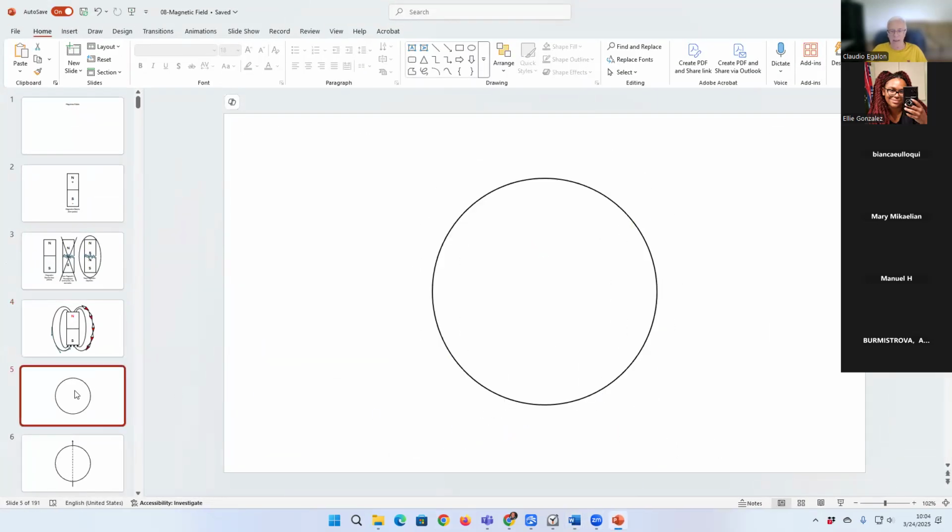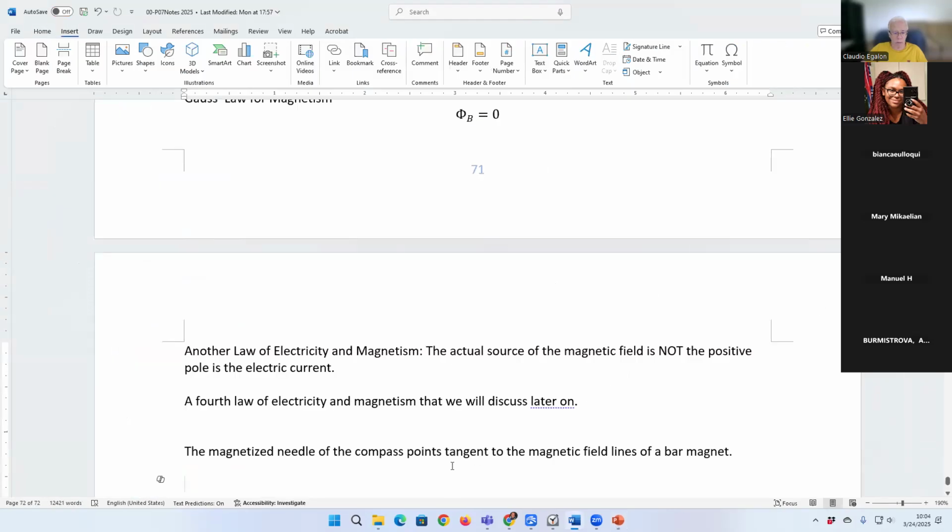And the Earth behaves like a magnet, like a giant magnet. Here's the Earth. The Earth rotates about its axis. The point where the rotation axis of the Earth intersects with the surface of the Earth is the north and south geographic pole, right?